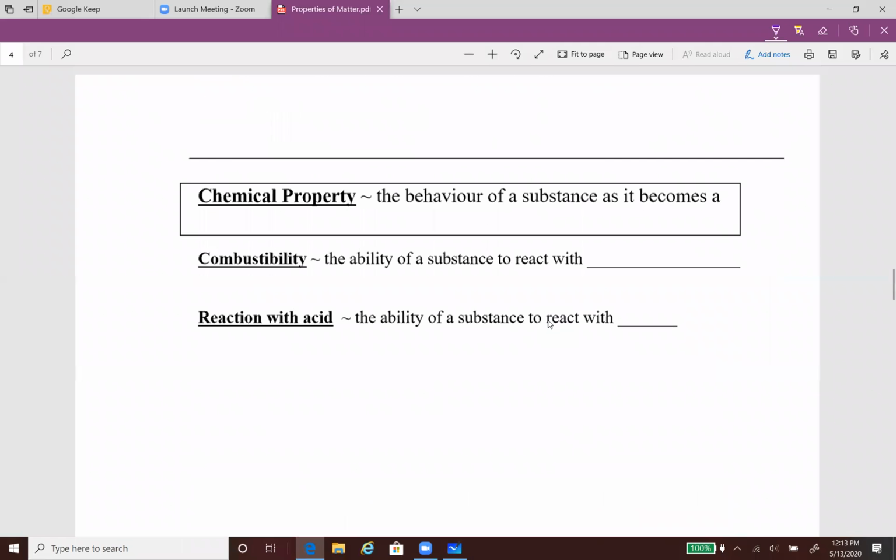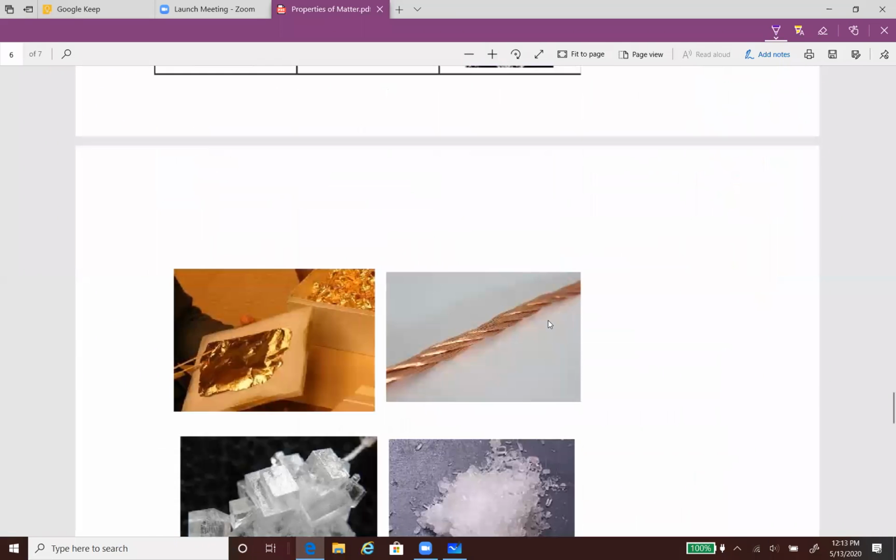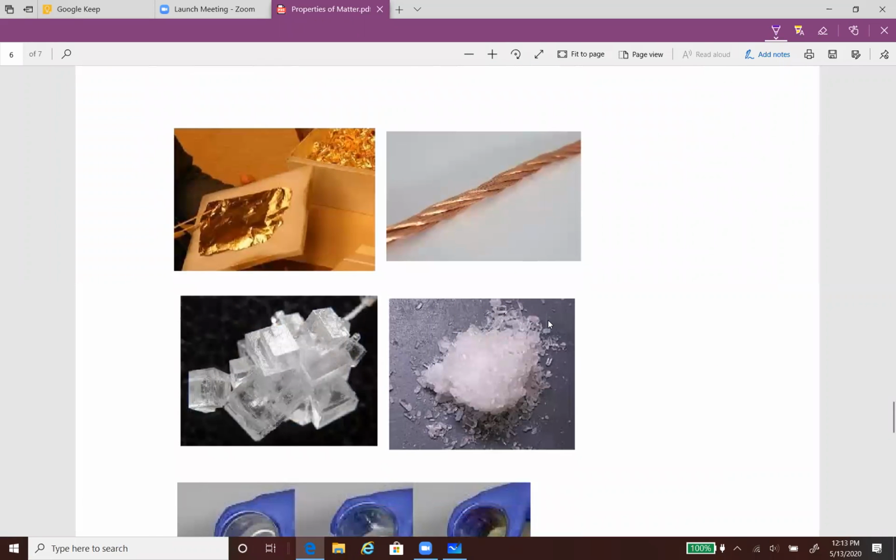So for example, I have an image of that. Here, for instance, you could see that there is a thin piece of gold. Remember Rutherford's gold foil experiment. So metals have the ability to be hammered into thin sheets, so they are considered to be malleable.